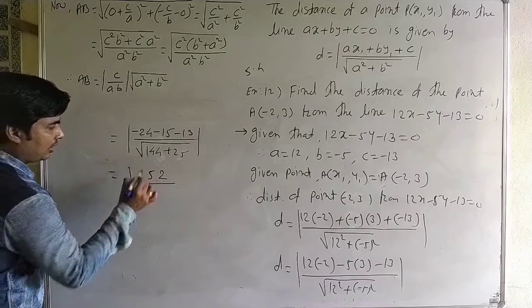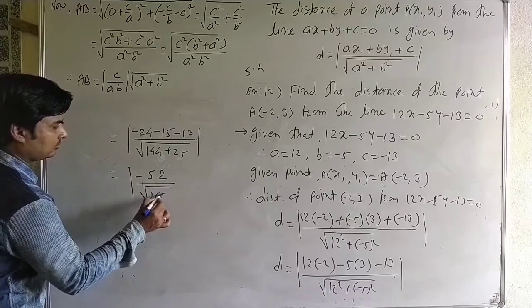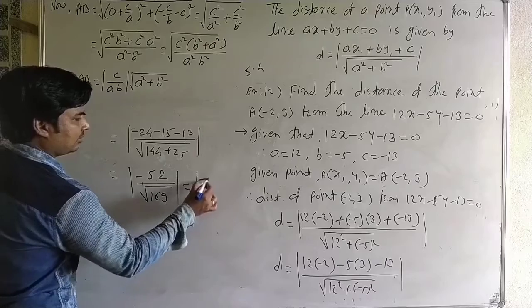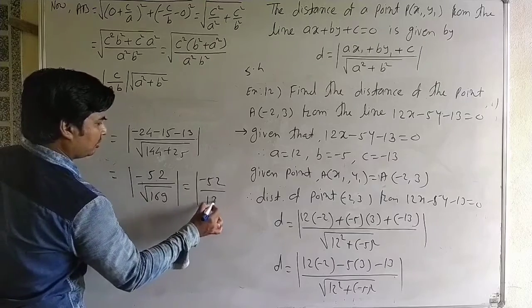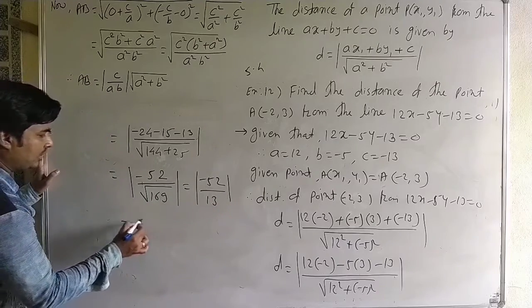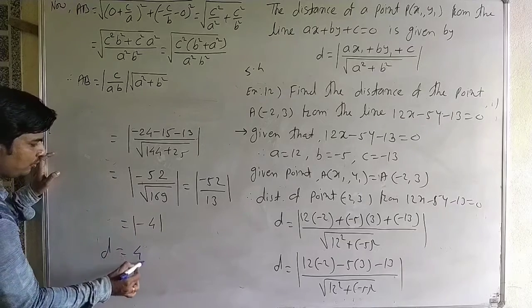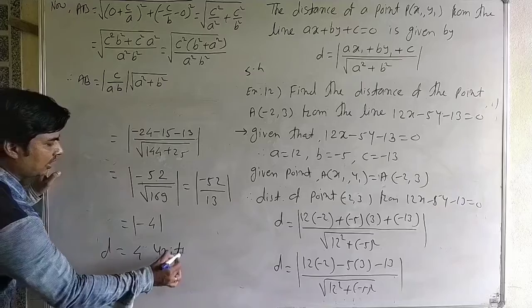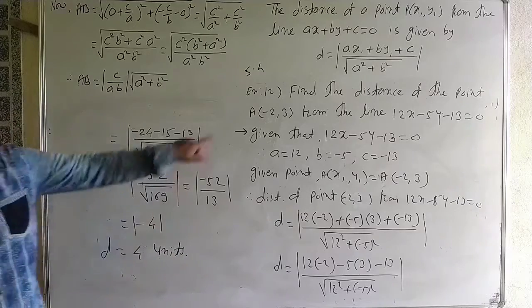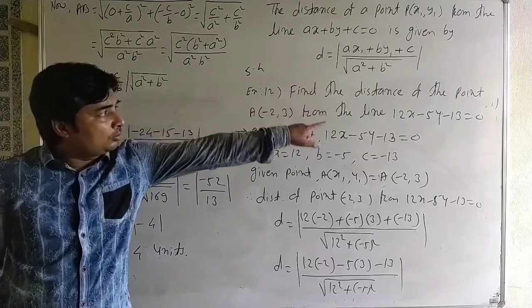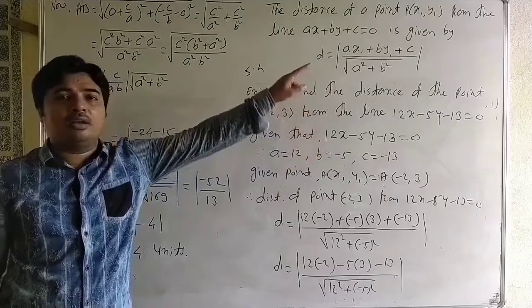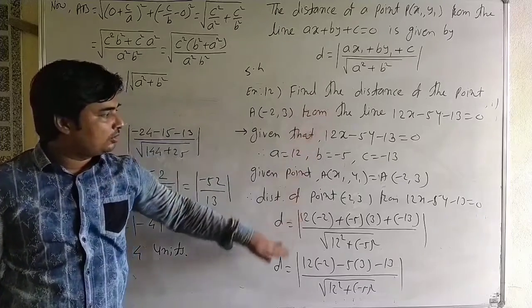Upon under root 169, that is minus 52 upon 13, and therefore it is minus 4. Okay, and therefore distance is equal to 4 units. It is the distance of point minus 2 comma 3 from the line 12x minus 5y minus 13 is equal to 0 by using the distance formula.